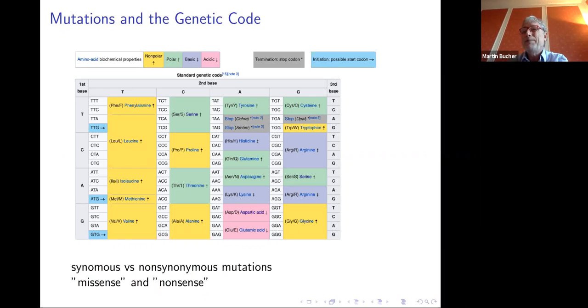It might affect how often the protein gets translated or things like that. But that's sort of having a different code for exactly the same protein. And then missense is, you just switch one and it's a different protein.